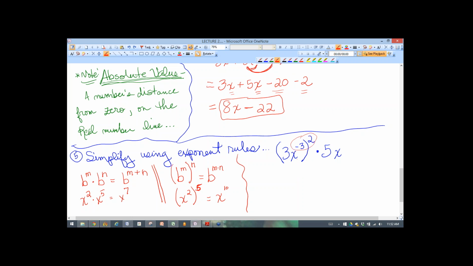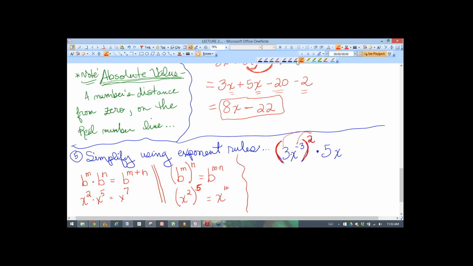I am taking care of 3 being raised to the 2nd power and x to the negative 3 being raised to the 2nd power, because this outside exponent 2 is attached to the parentheses. Whatever is grouped inside of these parentheses is what's being raised to the 2nd power. So every factor in that inside group gets raised.